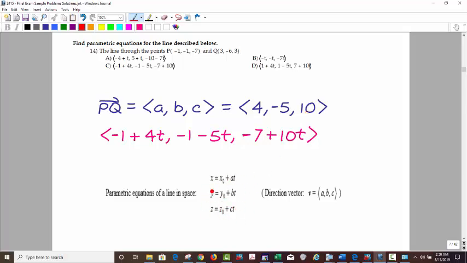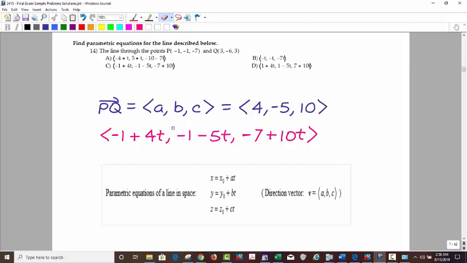For this set of equations, 4, negative 5, and 10 are going to be your coefficients of t. And since we're going P to Q here, it wouldn't be wrong to use Q as the point, but when you're checking answers like this, you can probably expect it to be the first point listed as the starting point.